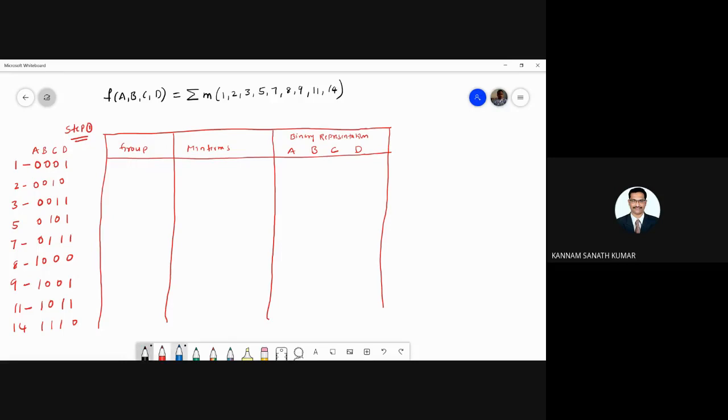One second, here 0 is also there. So the minterms are 0, 1, 2, 3, 5, 7, 8, 9, 11, 14. For 0, it is 0 0 0 0.